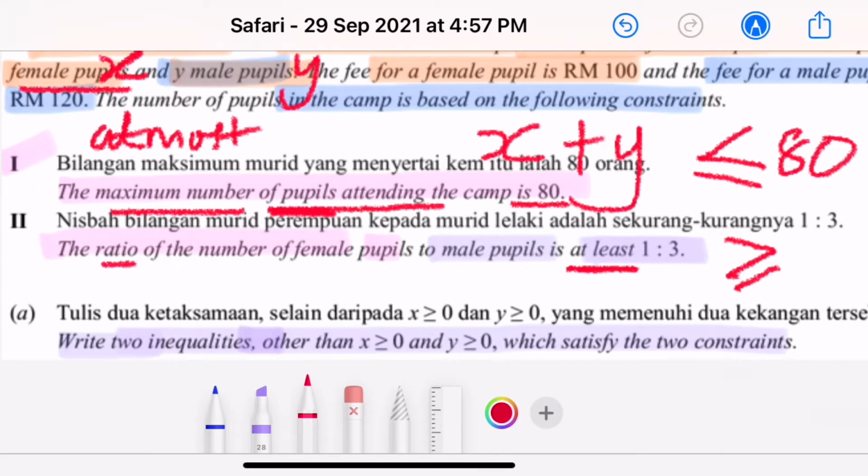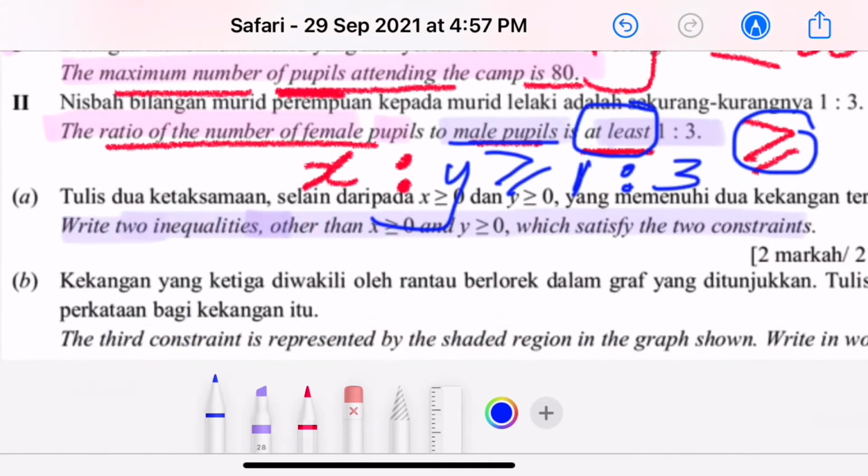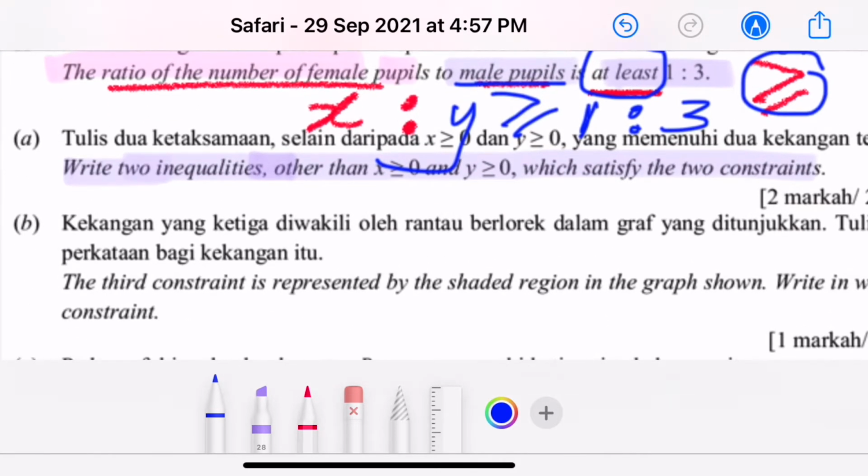The ratio of the female, represented by x, to y, the male pupils, is at least 1:3. Normally we can convert a ratio to a fraction. So let's write it in fraction: x over y is at least 1/3.